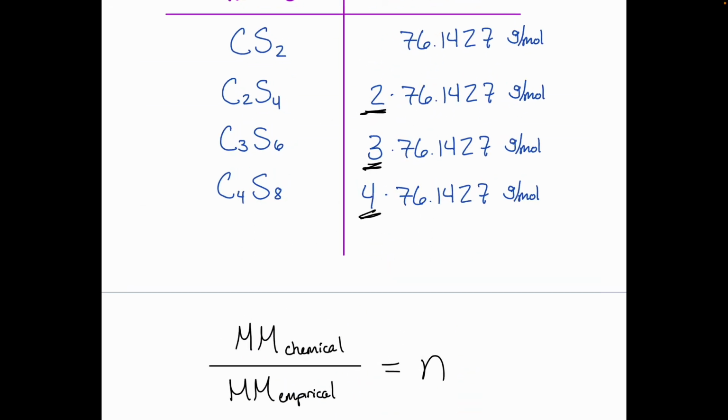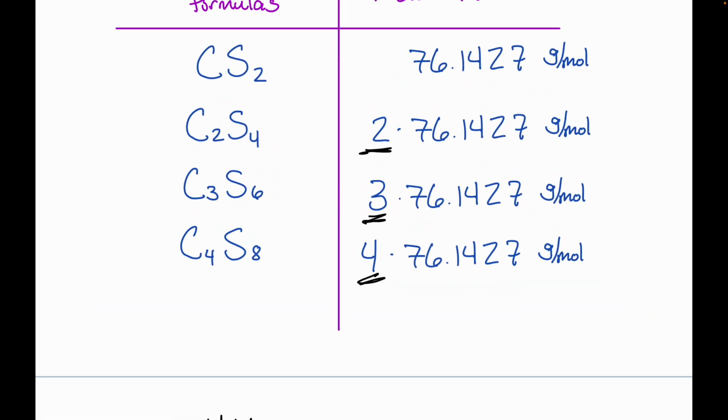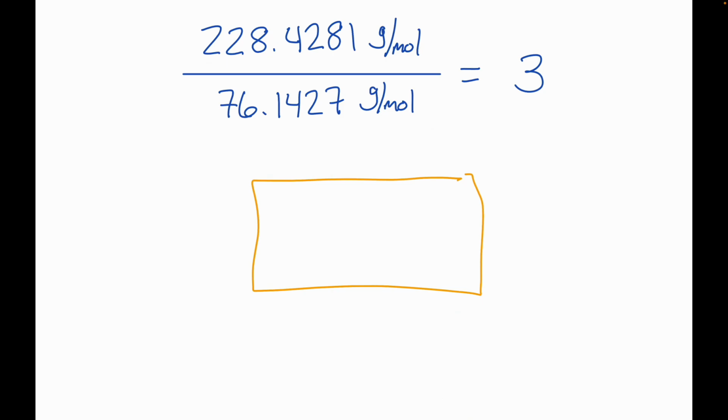To be clear, that 3 tells me that my chemical molar mass was 3 times that of the molar mass of my empirical formula, corresponding to taking that empirical formula and multiplying each of those subscripts by 3. I took the 1 from my empirical formula, multiplied it by 3, took the 2, multiplied it by 3. So now I get my final answer here. My chemical formula is C3S6.